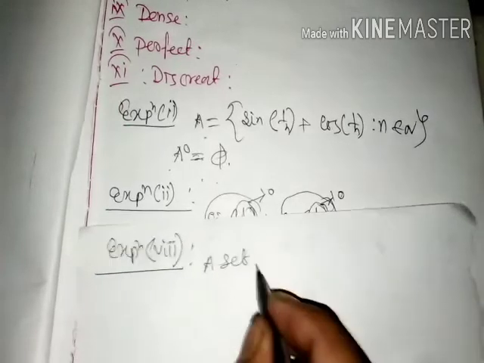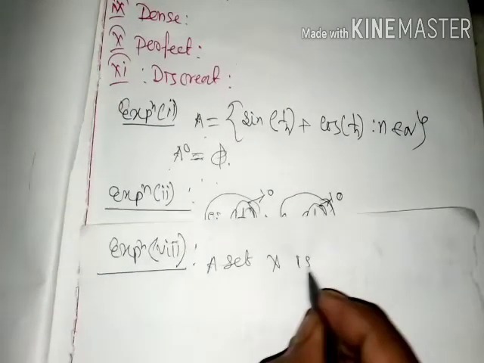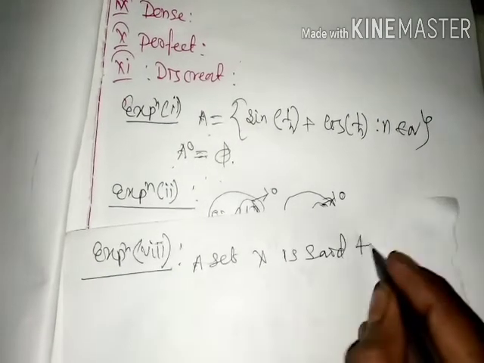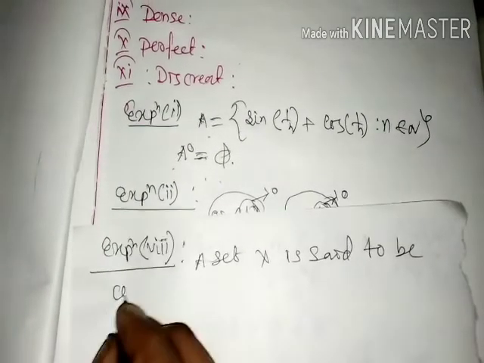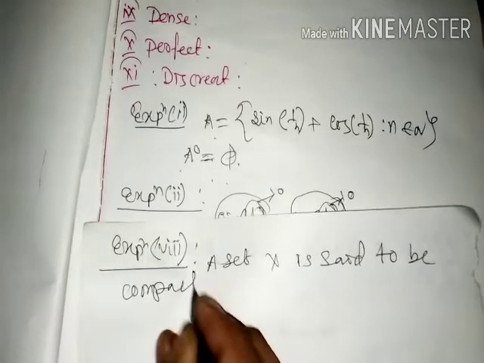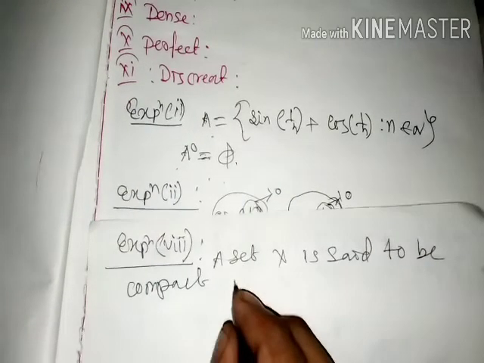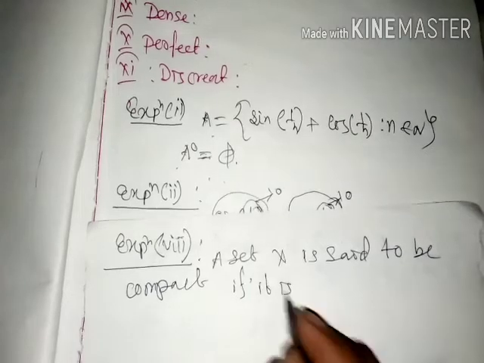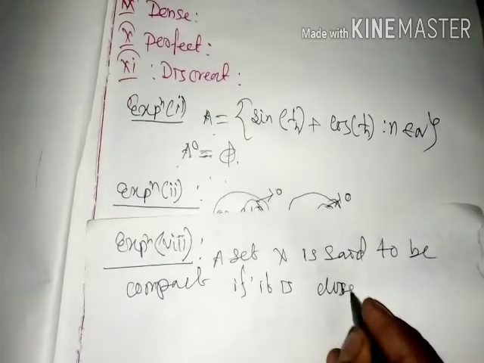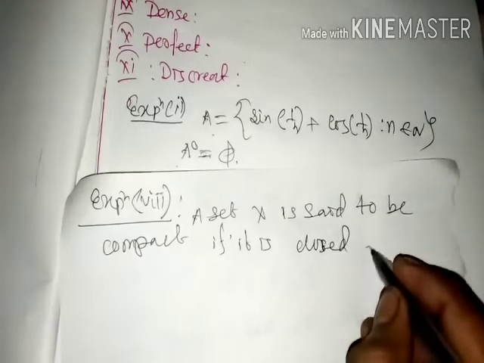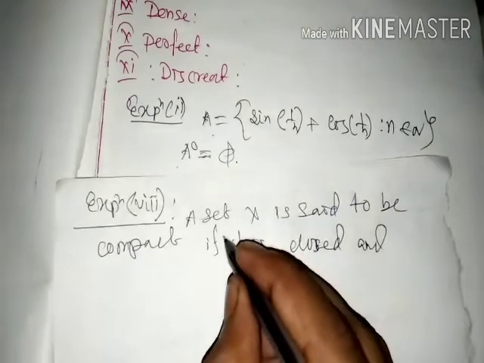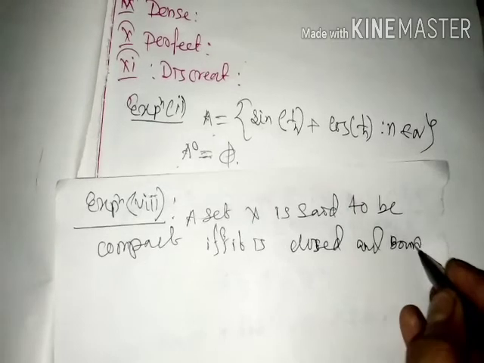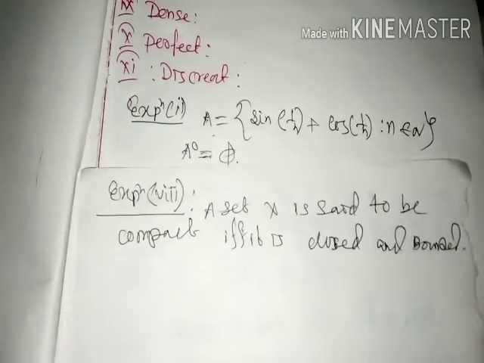A set X is said to be compact if and only if it is closed and bounded.